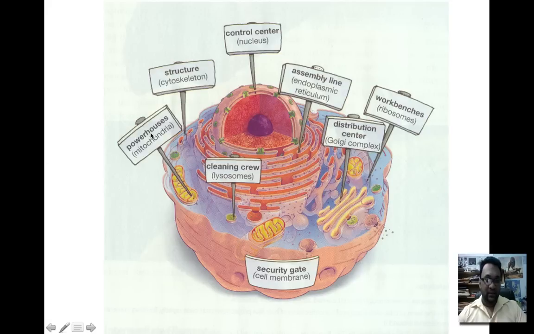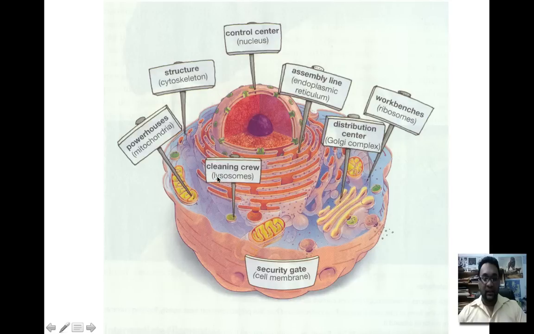The other one we have here is the mitochondria. The mitochondria is described as the powerhouse of the cell, because this is where aerobic respiration takes place and you'll be manufacturing ATP. ATP is the energy currency of the cell. So you're producing energy in the form of ATP.